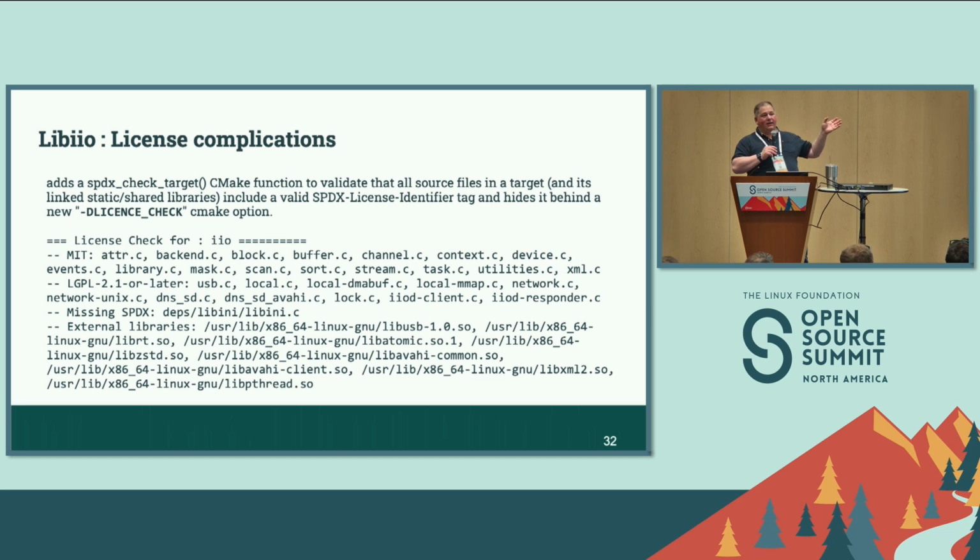When you do that, it'll use the CPU processor, go through all the source code as it's configured and built, look for the SPDX license lines and keep track of them. If you see ones that say LGPL, then you know that it's LGPL. And if you see ones that say external libraries, then it's up to you to go through those external libraries and make sure you're license compliant. But that way, when you are building in a microcontroller environment, you can make sure that you're not including something by accident.